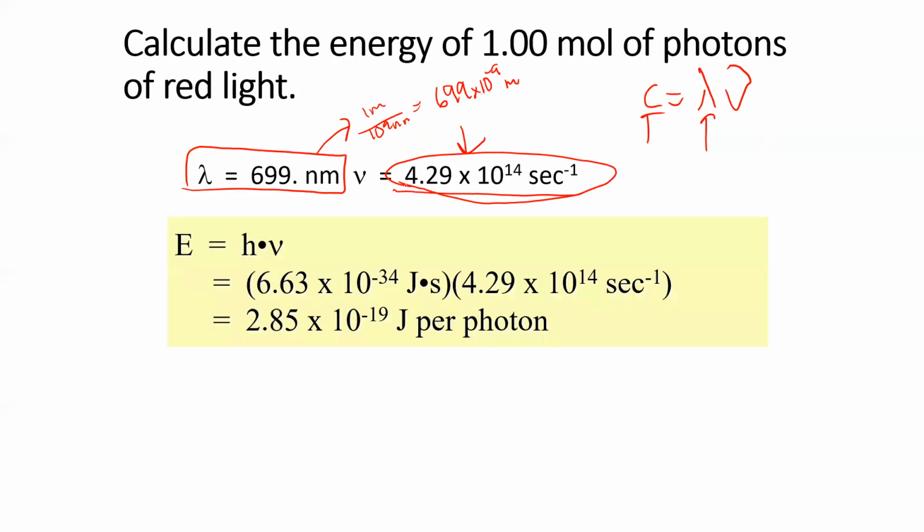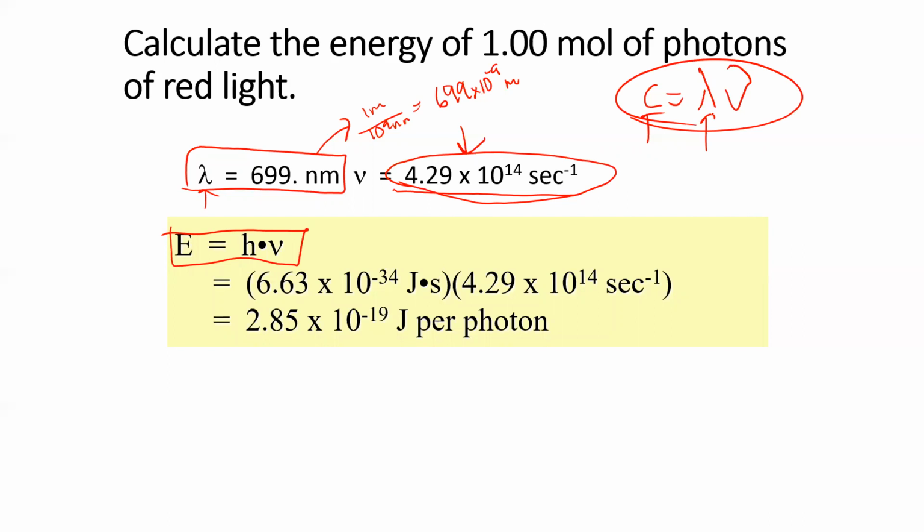If you have frequency already, you could plug it directly into this equation that was derived from Einstein using Planck's constant, or if you have lambda, get frequency using the speed of light.